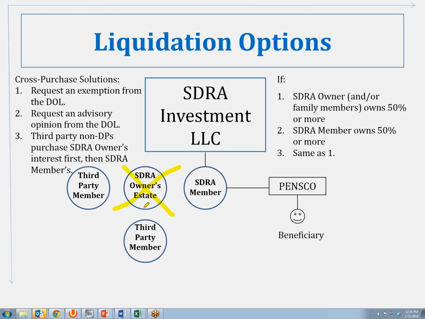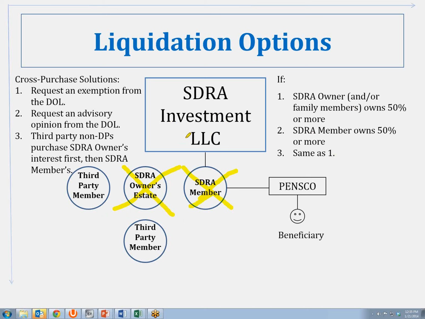So they now become qualified people. They're no longer disqualified persons, and that allows them, after this first transaction's occurred, to purchase the self-directed retirement account member's interest. So now they can get both of them out, and now they own the LLC.